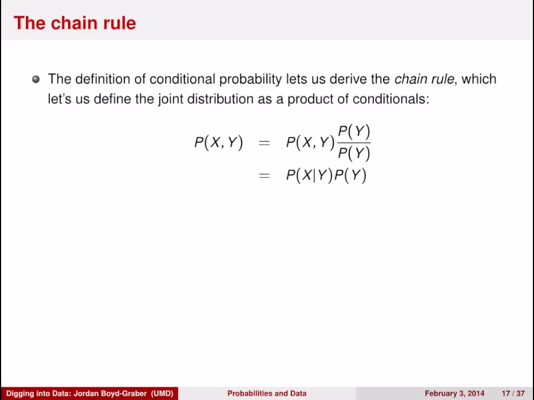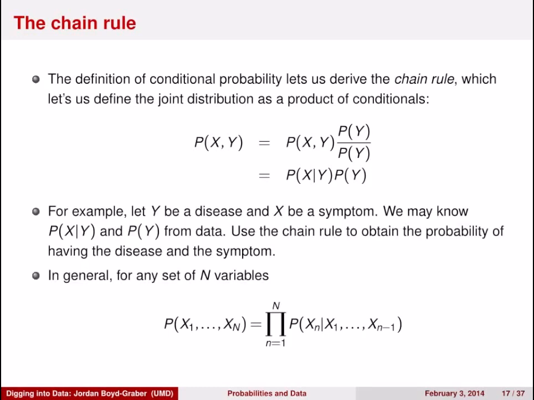So now we have a formula relating conditional probabilities to joint probabilities. And notice that the only additional piece you need is the marginal probability of y, which you could compute using marginalization. For example, let's say that you have information about conditional probabilities given symptoms.